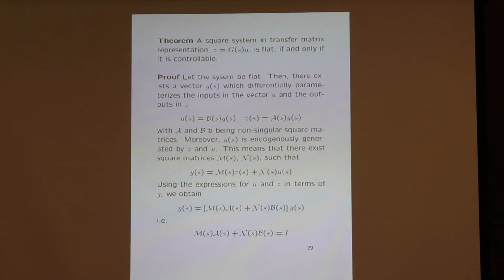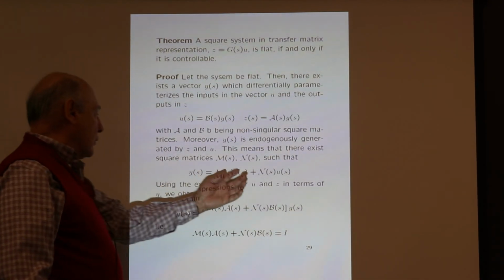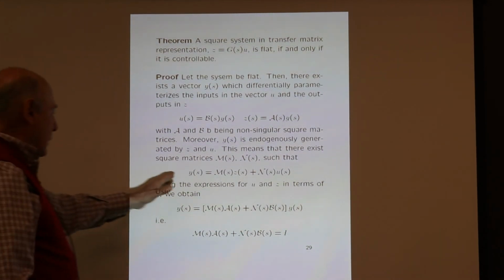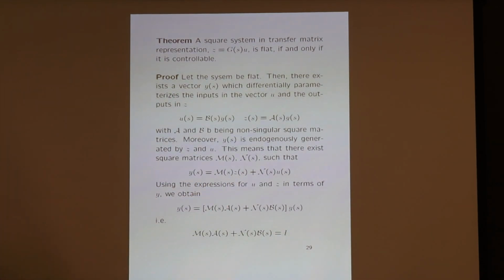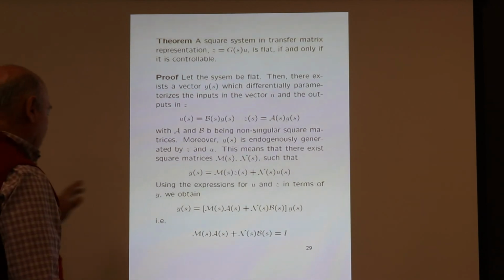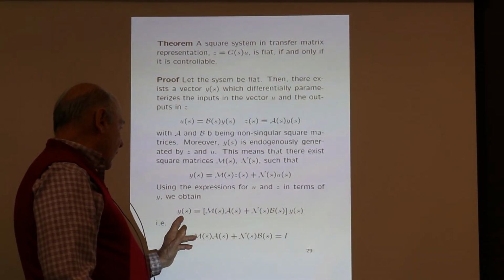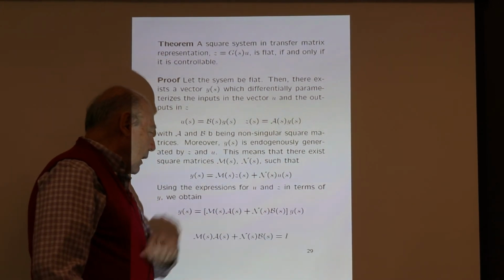So Y is an endogenous generated variable because it can be computed in terms of the only system variables, which are the inputs and the outputs. And with the help of the Bezout identity, when you substitute this left coprime factorization of the inputs and the outputs, then you will see that the flat output Y satisfies the Bezout identity times Y itself.